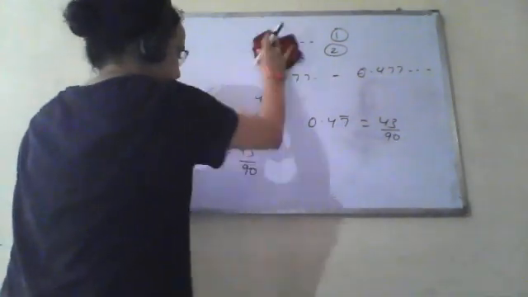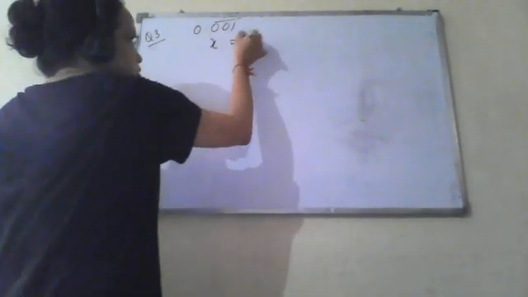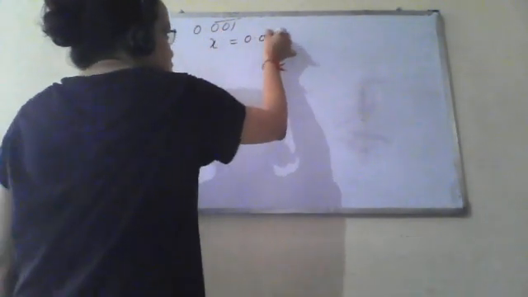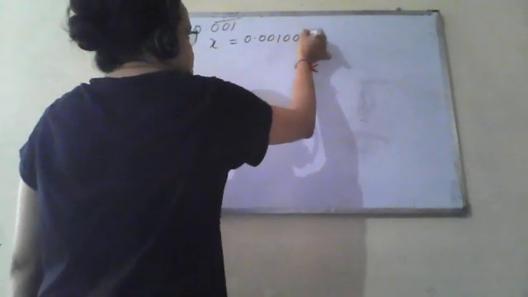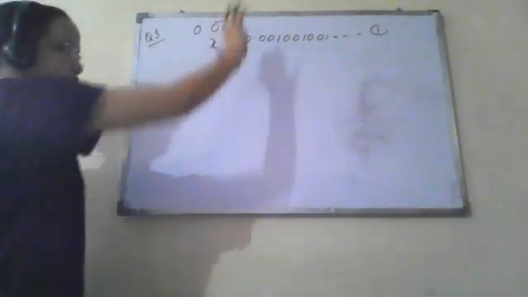Now the last part of this question is 0.001 bar. We have to express this in the form of P upon Q. So we'll first assume x equals 0.001001001. This is our equation number 1.